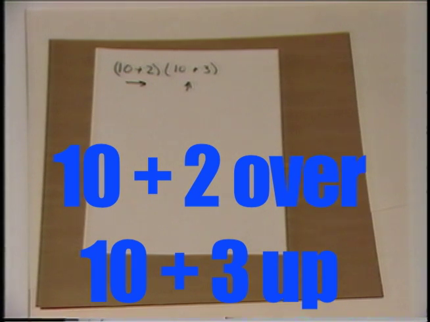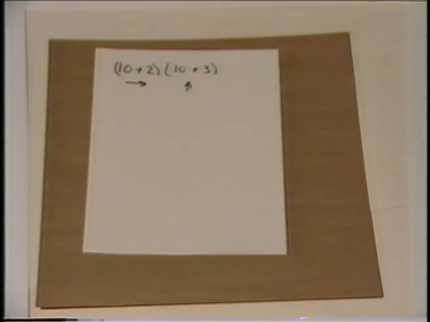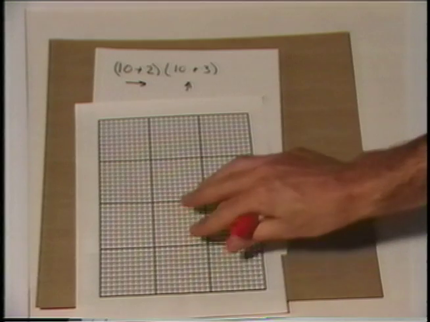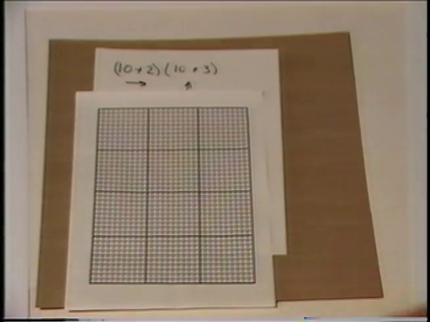With those two factors, we must build a rectangle. Now, before we start building our rectangle, it's important that the student has preparatory work in identifying over distances and up distances.